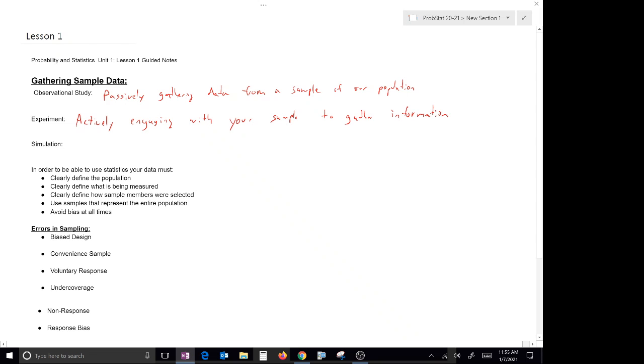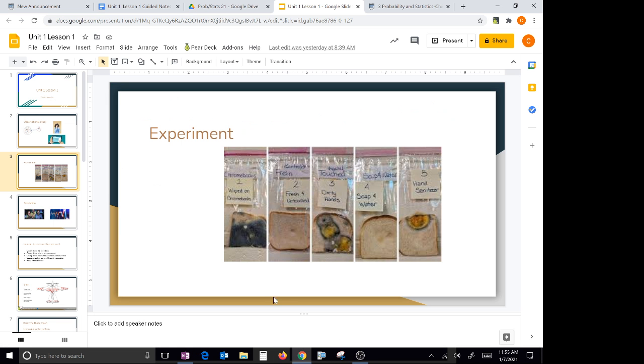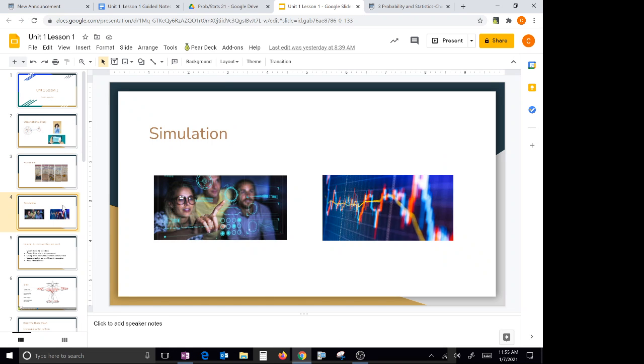Okay. And then we have a simulation. So simulation is where we create either a computer model or a probability of an event occurring, and we just run it through a computer, or we just simulate it through probability, and we observe the results, but it's not a real situation.